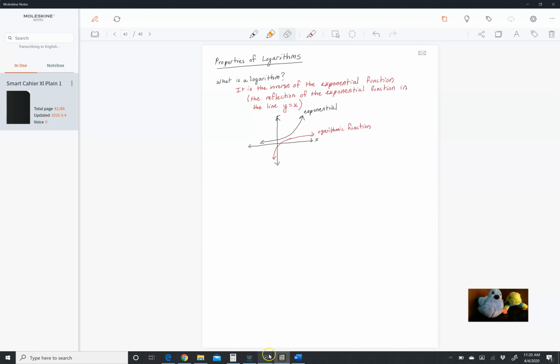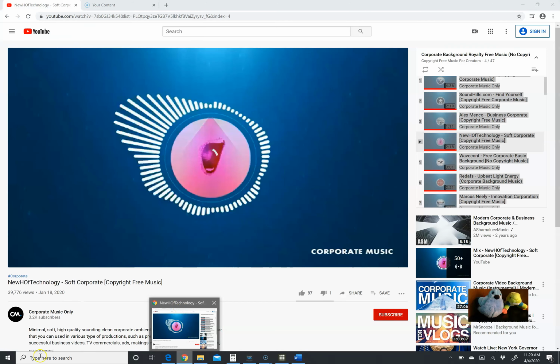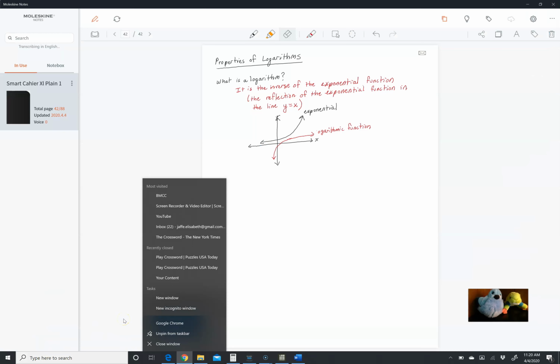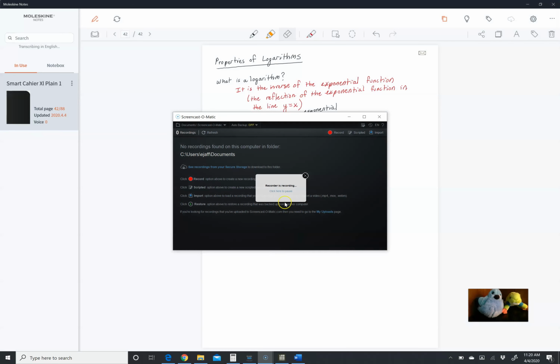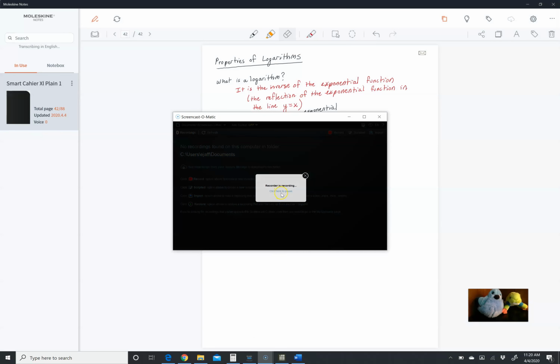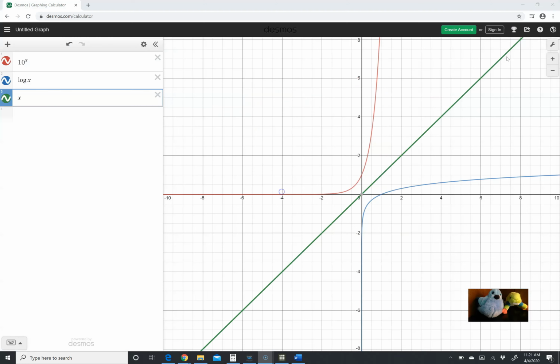Okay, just so that you can see it better, I opened up Desmos for you so that you can see the graph a little bit more clearly, because my drawing just didn't come out so well.